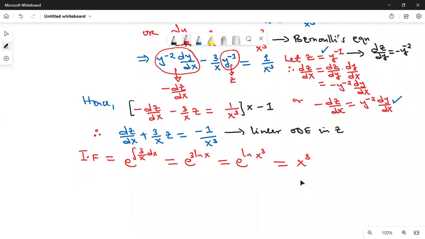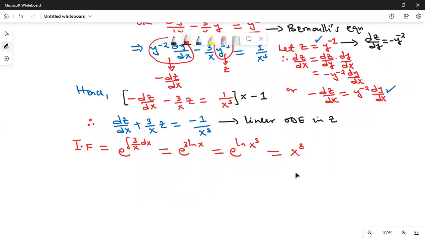So let's multiply this equation by our integrating factor. Let's see what you're going to get. When you multiply by the integrating factor, we are going to get x cubed dz/dx plus 3x squared, remember I've simplified, z is equal to negative 1.